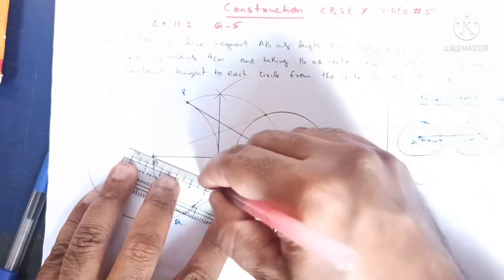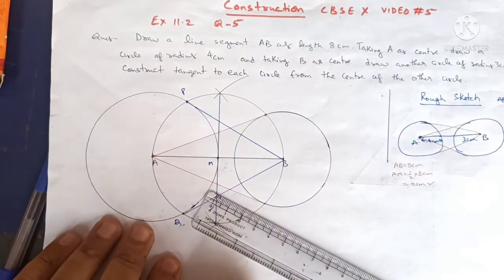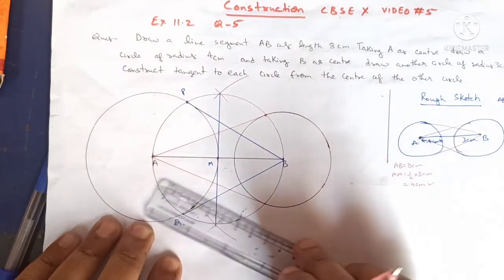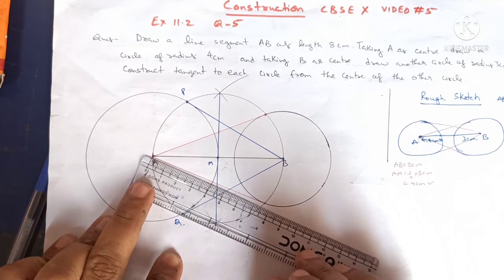It is very important to check whether your construction is correct or not. You can cross check by measuring these tangents.